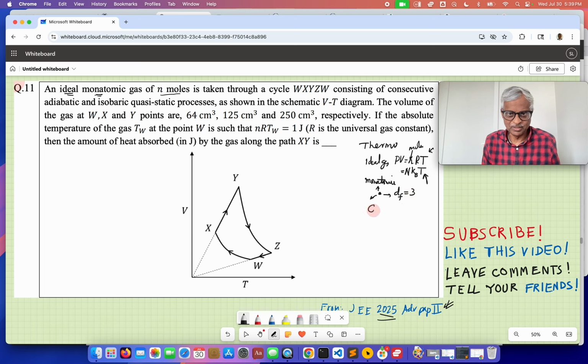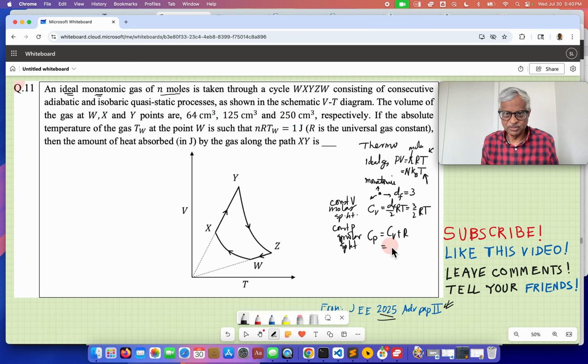So if you look at the molar specific heat, it's usually f over 2 times RT for each mole, so 3/2 RT. For constant volume and constant pressure molar specific heat, Cp is Cv plus R. That's the relationship.